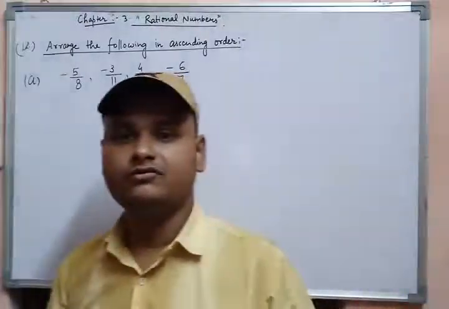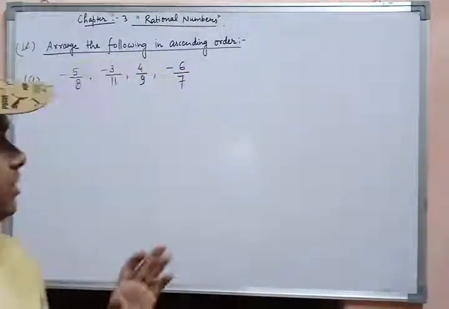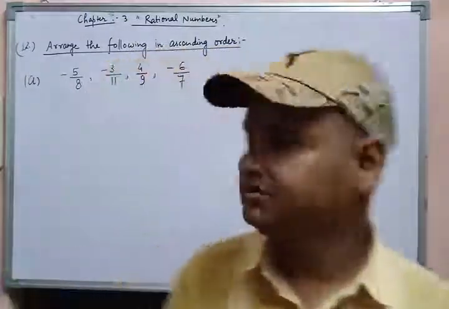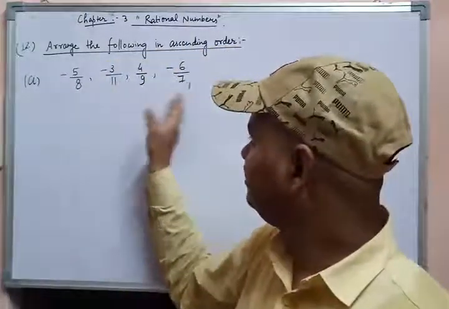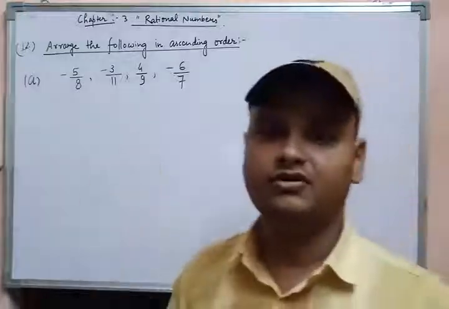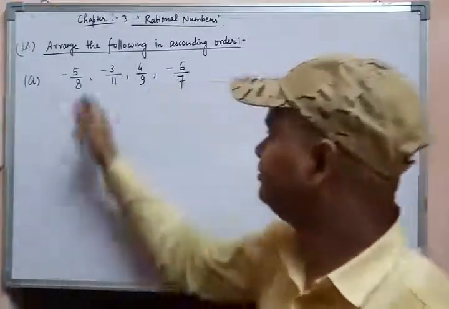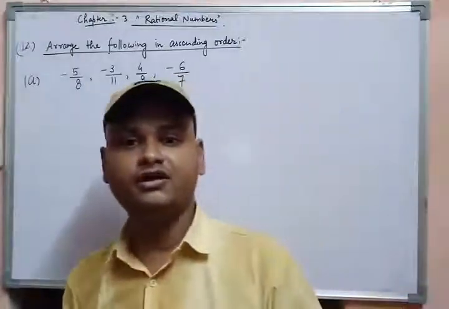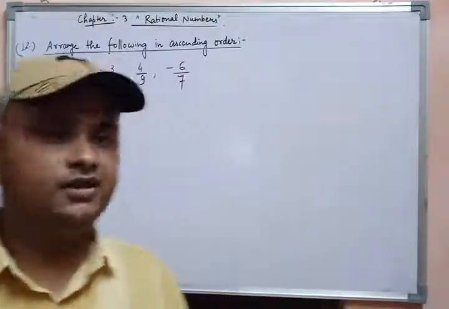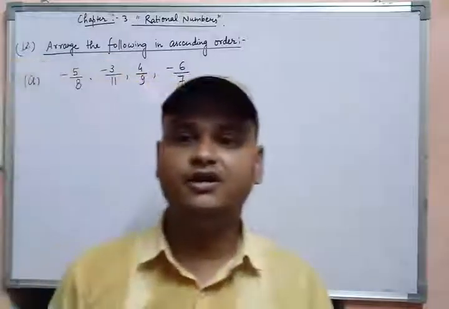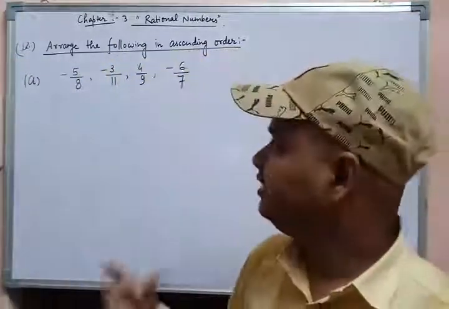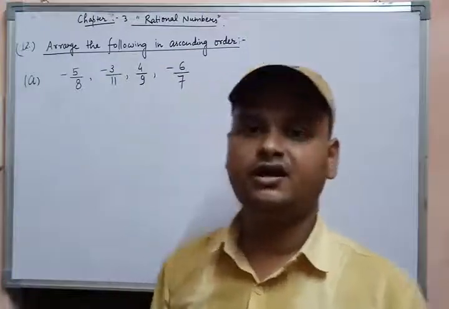Okay, so first of all you have to check whether the given rational numbers are like rational numbers or not. All the denominators are not equal in each of the rational numbers, so we can say that these are unlike rational numbers. In these types of questions, first of all you have to convert all the rational numbers into like rational numbers. After that you have to arrange them in ascending or descending order.